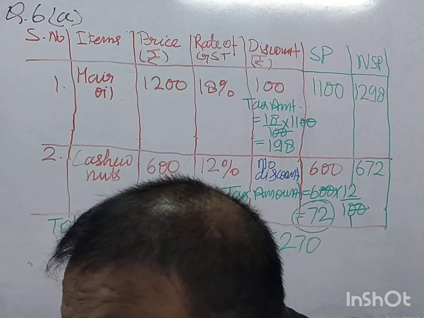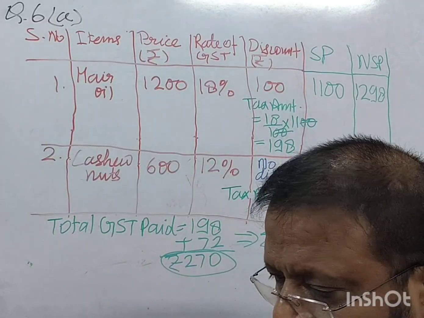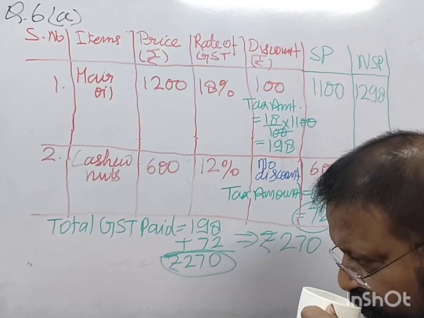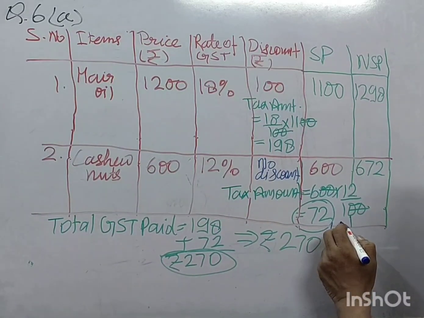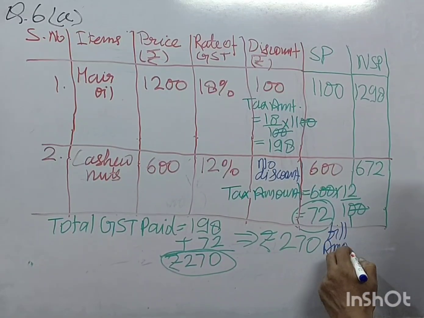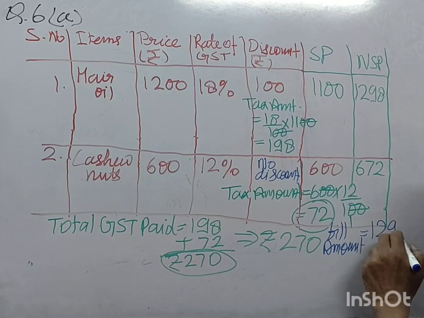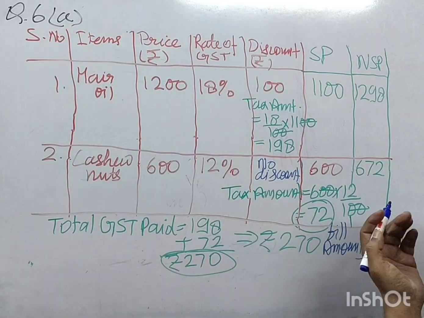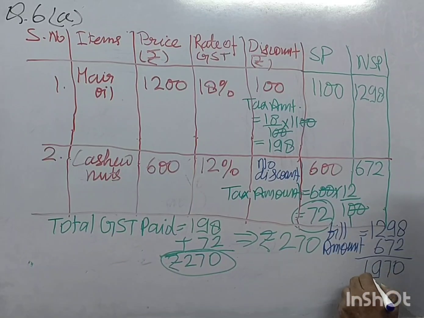And total bill amount including GST. Bill amount is equal to how much? 1298 plus 672. 8 plus 2 becomes 10. 0, 1. Again 7, 1, 9, 1.